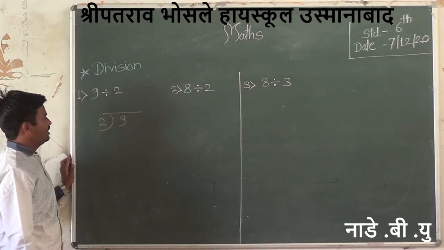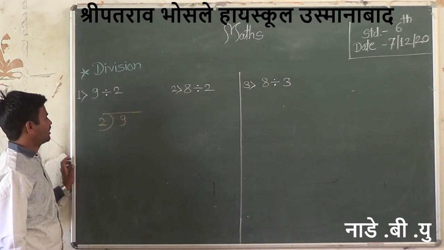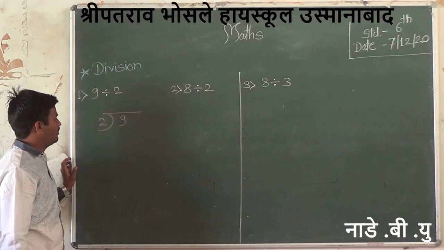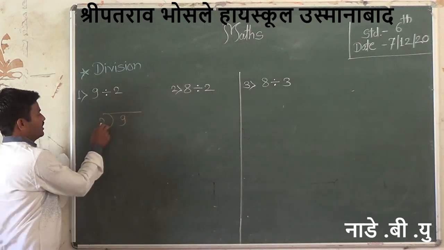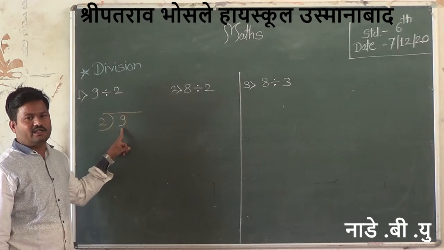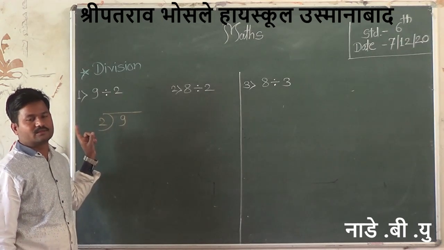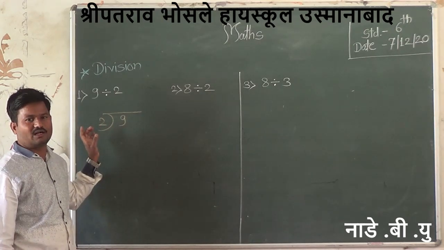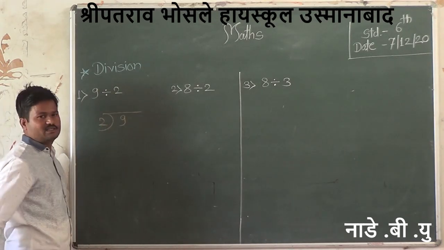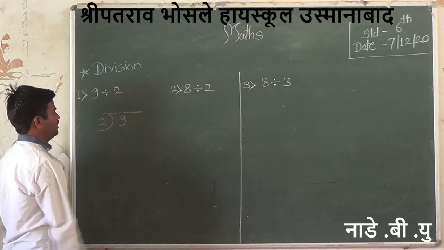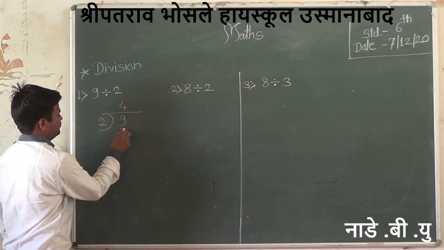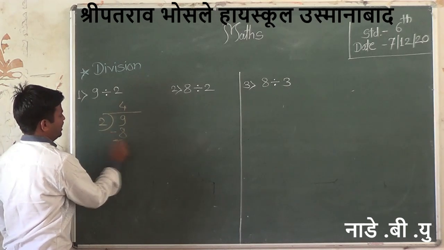Here we make parts of the number 9. We count the table of the divisor. 9 is not in the table of 2. Hence the smaller number is 8, which is in the table of 2: 2 fours are 8.